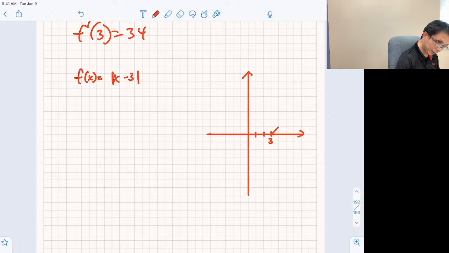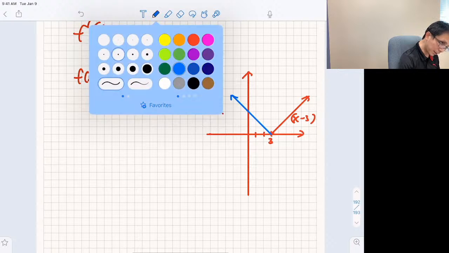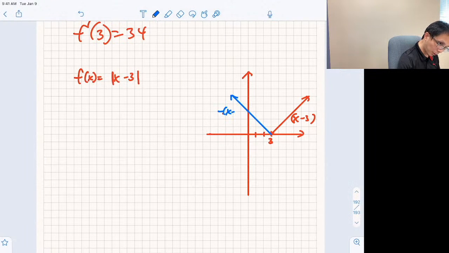So the sharp turn is going to be like this, and the other side is going to be this. Okay, so the right side is going to be x minus 3, and the left side is going to be negative x minus 3. Hopefully you already know how this works.